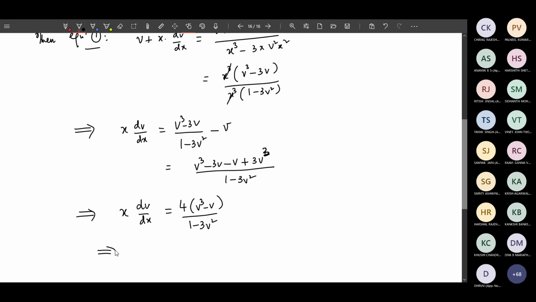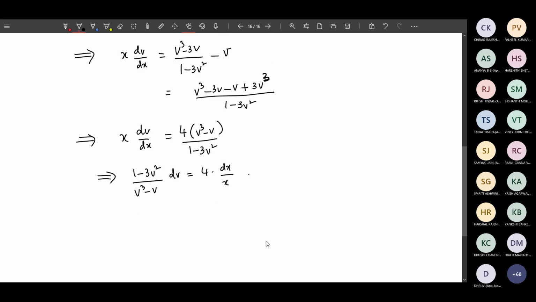So you bring this term to the left hand side: (1 minus 3v square) by (v cube minus v) dv, and x you take to the right hand side along with dx. 4 is here already, dx by x. So now the entire equation is converted in terms of v and x.